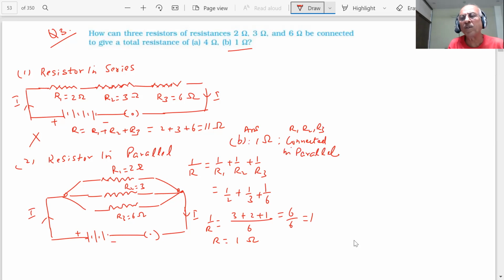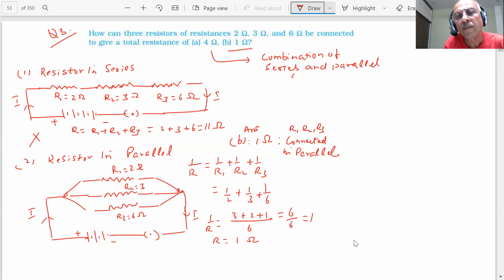Now 4 ohms, how can we connect to get 4 ohms? Now there are possibilities. I can connect two in parallel and one in series with them. Now I will use a combination of series and parallel circuit. Such questions are important for the paper. What will I do?